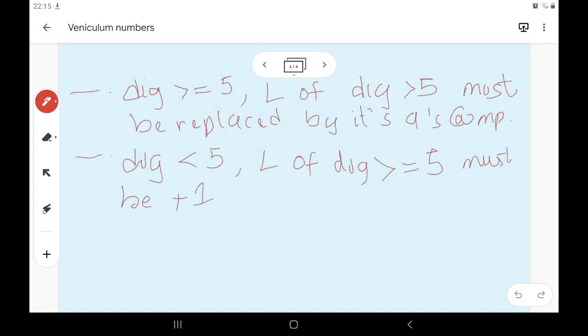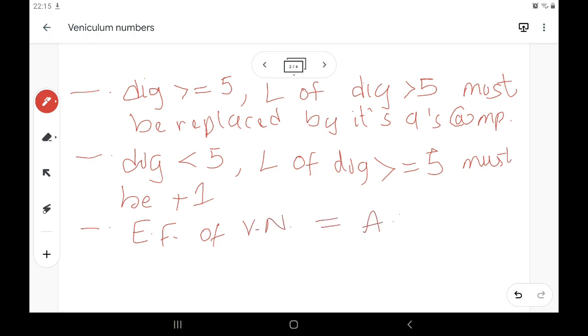Now the final rule is the expanded form of the Vinculum number so obtained must be equal to the actual number. So in our example, the expanded form of the Vinculum number will be 1 into 100 plus 0 into 10 plus 2 bar, nothing but minus 2 into 1, which will result in 98.